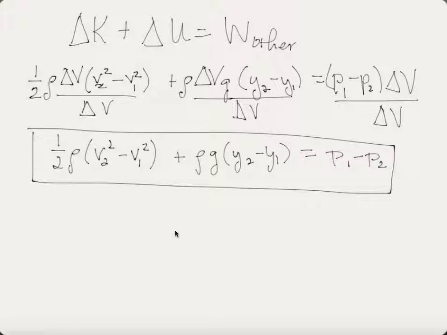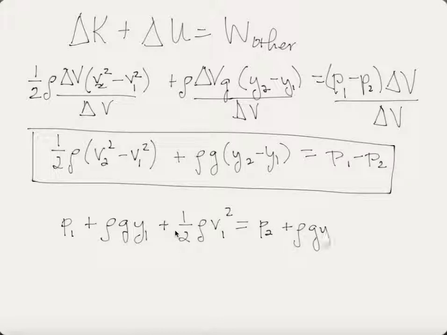But we're going to put it in a form that's nice and neat: P1 plus rho G Y1 plus 1/2 rho V1 squared equals P2 plus rho G Y2 plus 1/2 rho V2 squared. And this is a more common way to look at Bernoulli's equation.